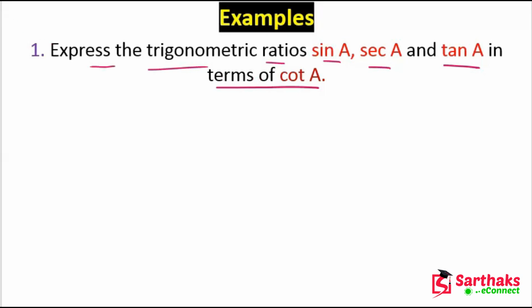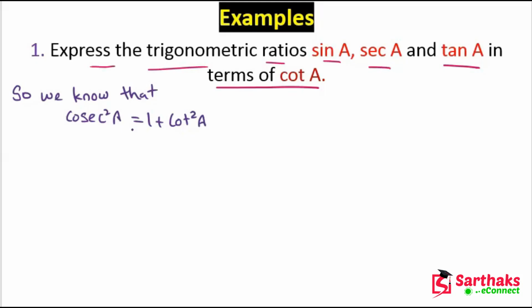So my dear friends, to convert the given trigonometric ratios in terms of cot functions, we have to use the trigonometric formulas. Okay. So we know that cosec square A is equal to 1 plus cot square A. Okay, we know that.